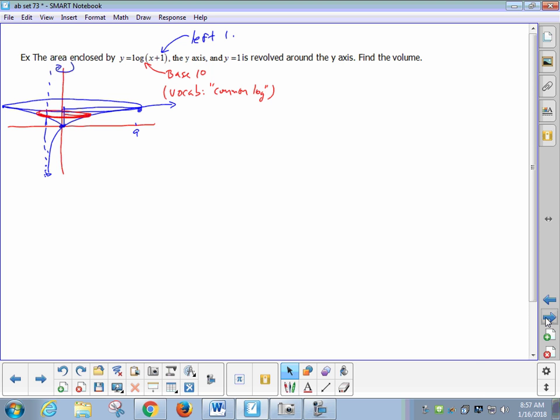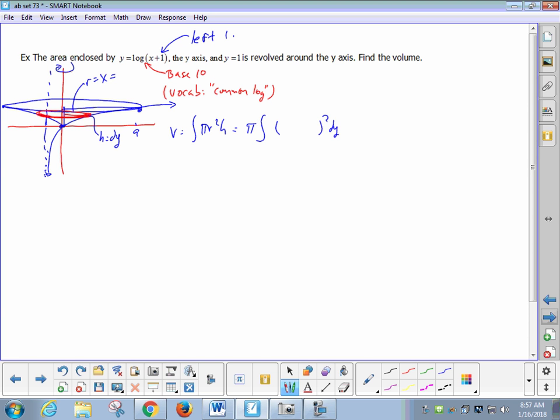If it's around the y-axis, what will the variable of integration be, x or y? It should be y. So what's your R?